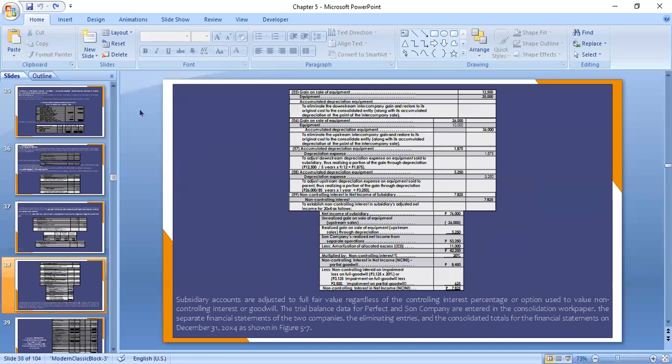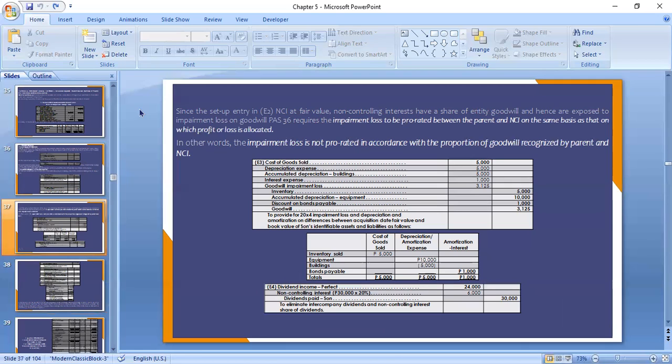Now here is the adjusting entry, as well as your elimination entry for the purpose of recording dividend income: debit to dividend income of parent and non-controlling interest, 30,000, to eliminate intercompany dividends and non-controlling interest.